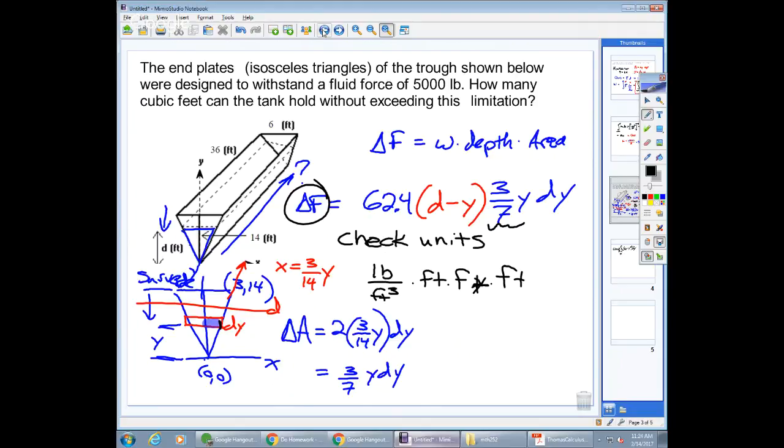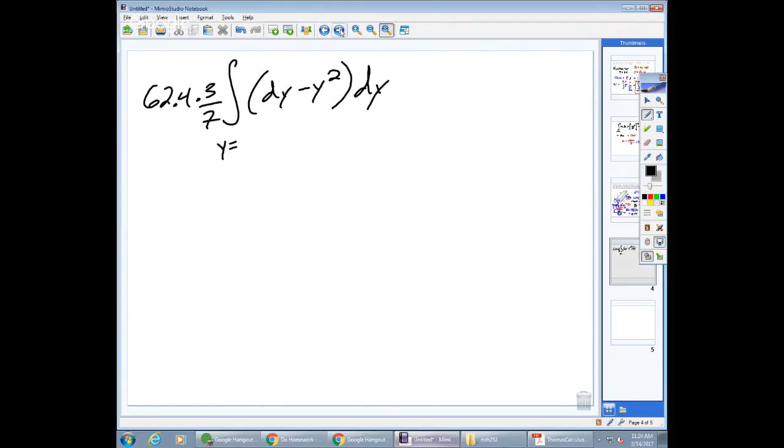Okay, the tank is going to start at 0 and go up to what then? D, yeah, whatever that varying depth is. We don't know what it is yet. And ultimately, we want that right there to be less than or equal to 5,000. But first, we have to figure that sucker out right there.